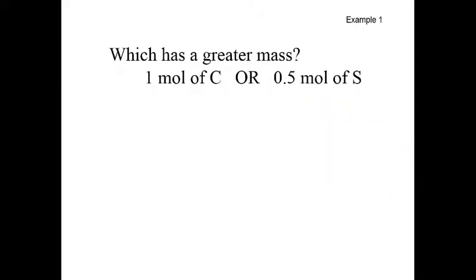Our first example asks us which has the greater mass, 1 mole of carbon or 0.5 moles of sulfur. Since we already know the moles of each sample, we can estimate the mass of each sample. The periodic table tells us the molar mass of carbon is 12 grams per mole. Yes, the table actually says 12.01, but since we're estimating without a calculator, we'll round that to 12.